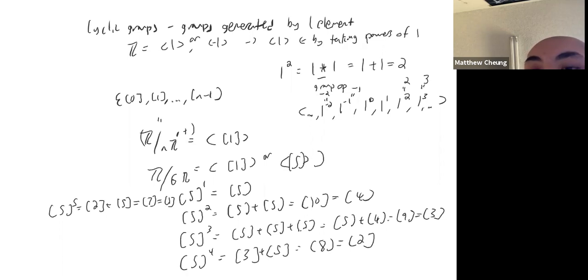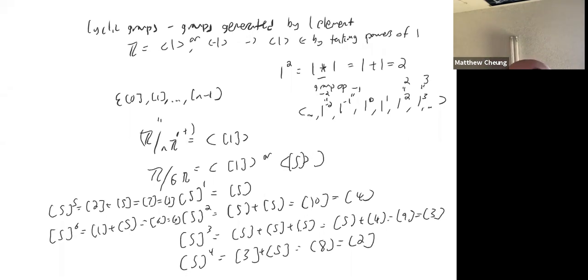And finally we get to 0: 5 to the 6 is 1 plus 5, that's 6, which is 0. But if you don't like this, you can always say it's generated by 1. 1 plus 1 is 2, 1 plus 1 plus 1 is 3, and so on.